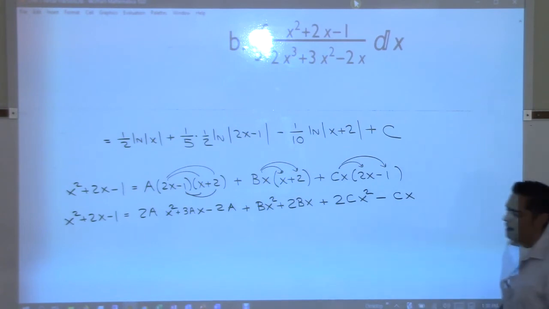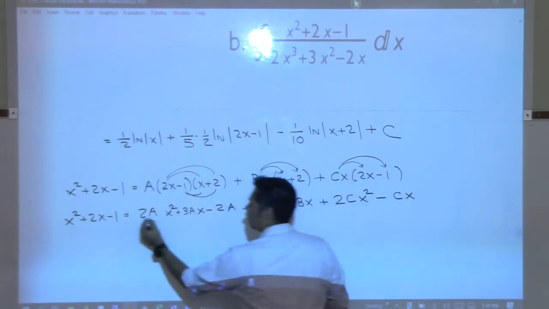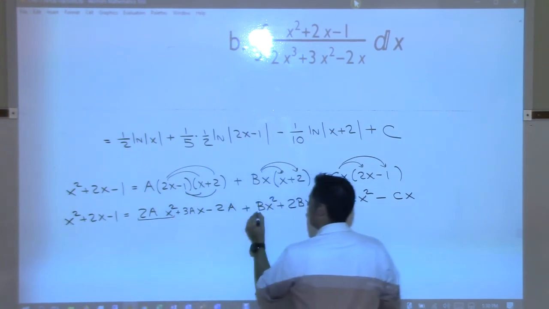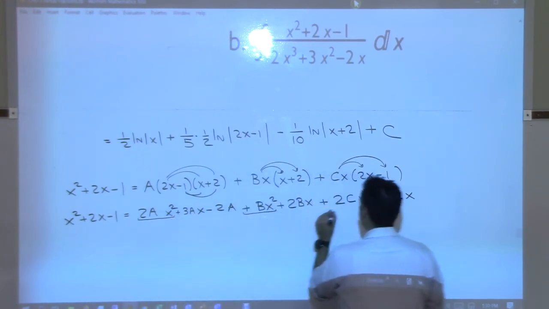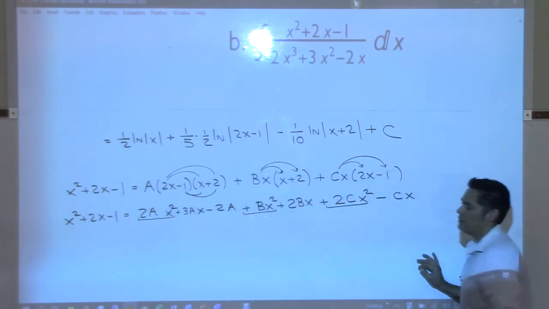Now what we're going to do next is collect like terms. So I'm going to get all my x squareds together. That has an x squared, that has an x squared, and that right there has an x squared.